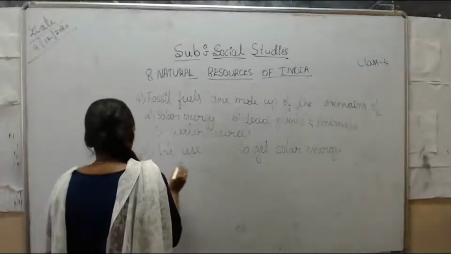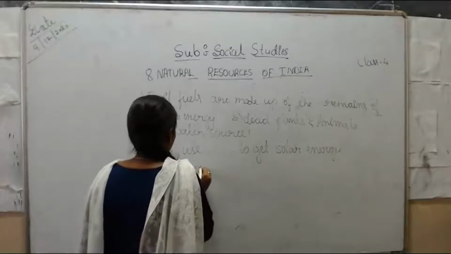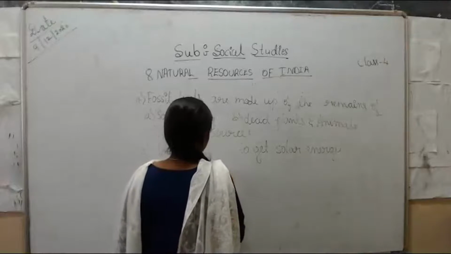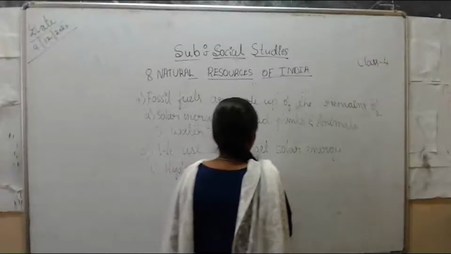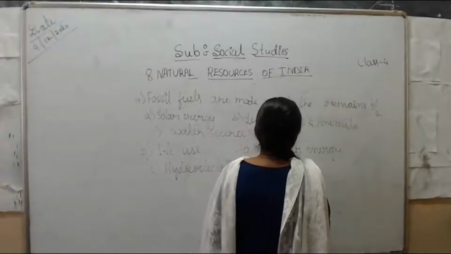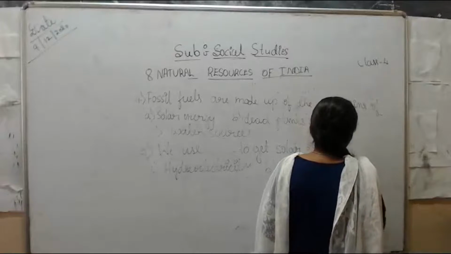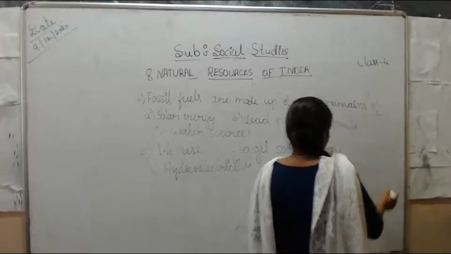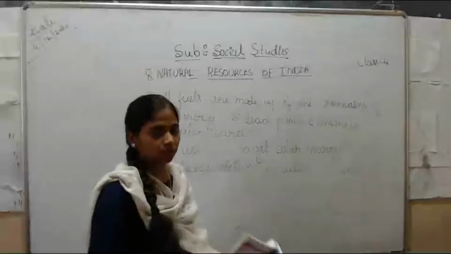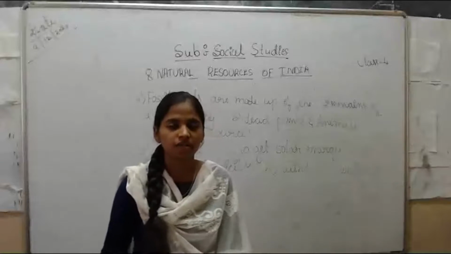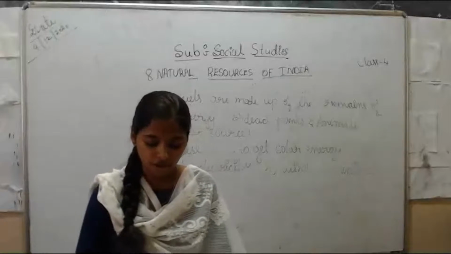Option A is hydroelectricity, option B is wind, option C is sunlight. Sunlight is the right answer. We use sunlight to make solar energy. This is all about your 8th chapter, natural resources of India.